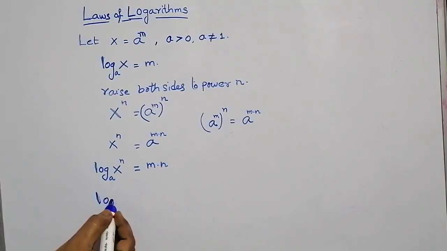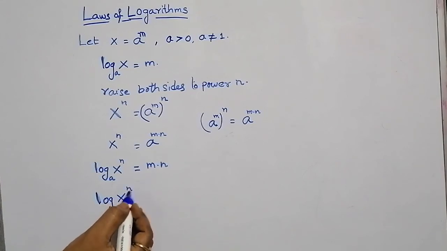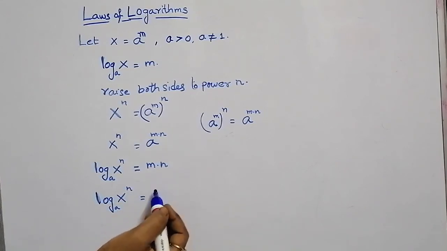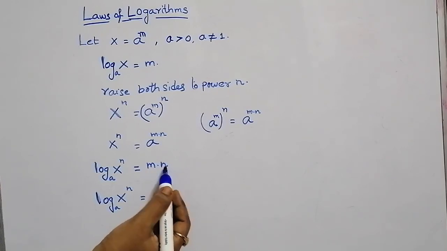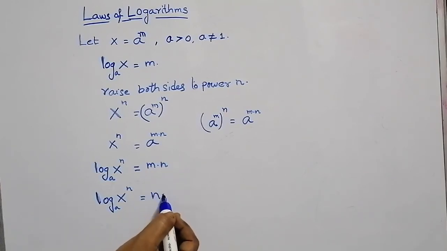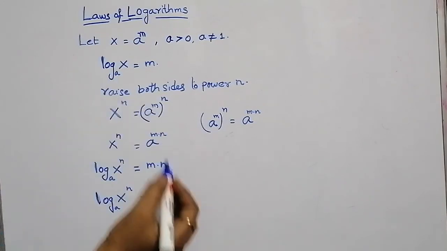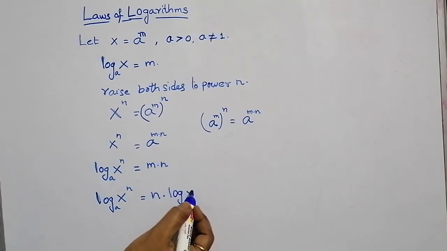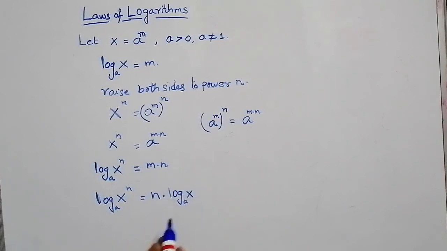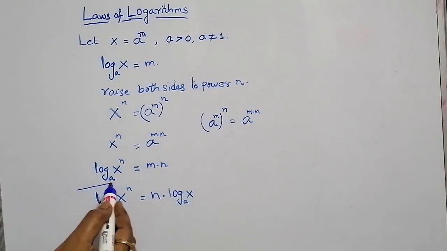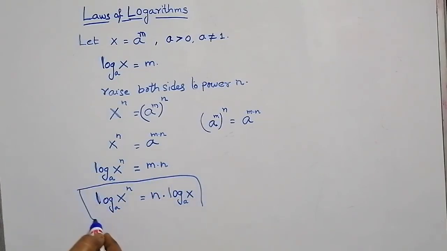So left hand side we have log x to the power n to the base a is equal to, m into n means n into m also, so n into m, that is log x to the base a. This is another property of logarithms. Log x to the power n to the base a is equal to n into log x to the base a.